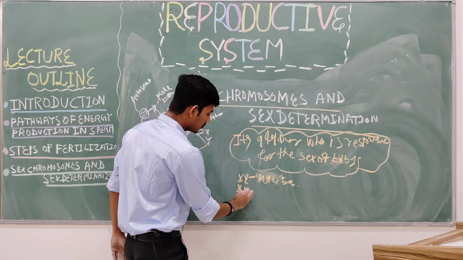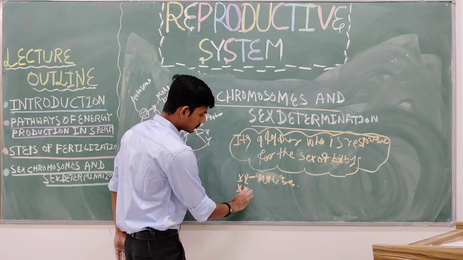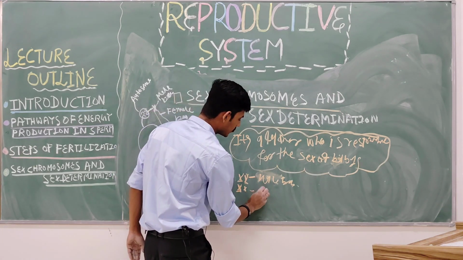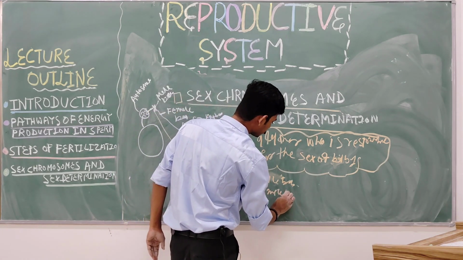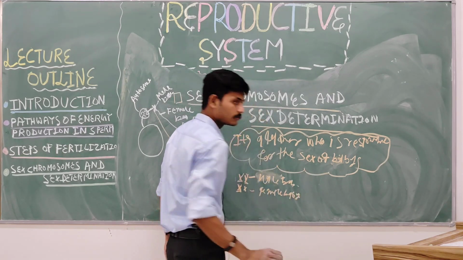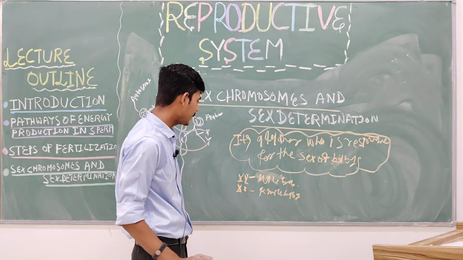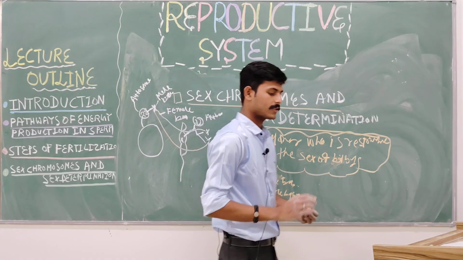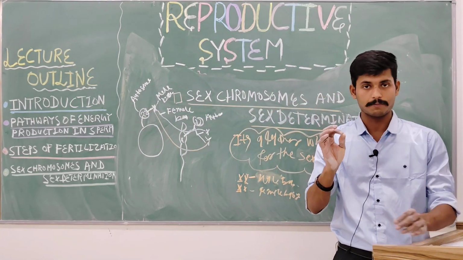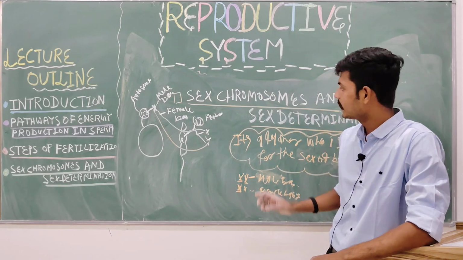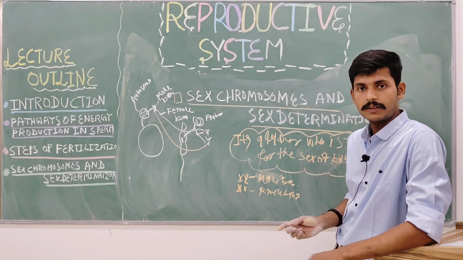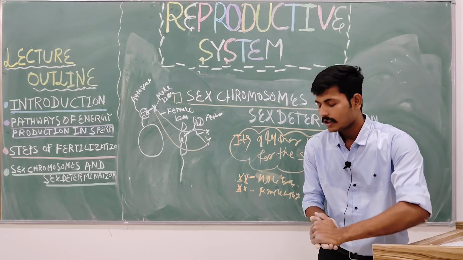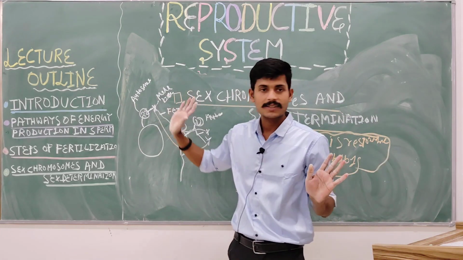If the sperm is bearing the X, it results in a female baby. No problem understanding? So biologically, the baby's sex is determined by the father, not by the mother. Understood?